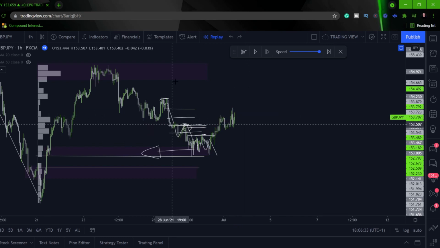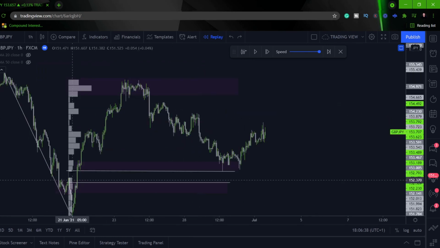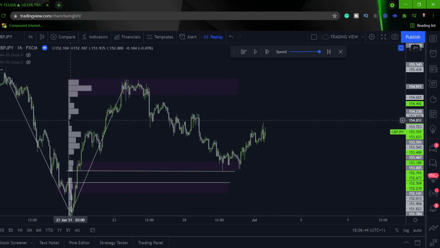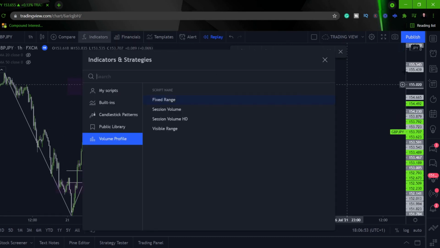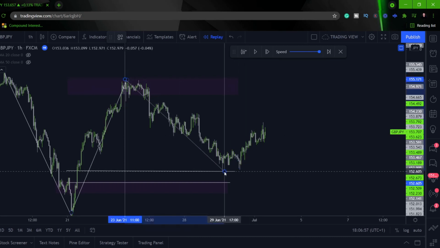So if we just bring on the volume profile, right? So we've done that swing, we've done that swing to that swing, right? And now we're starting to move up through this swing. Let's just bring it on again, right? Take it from this swing to this swing.